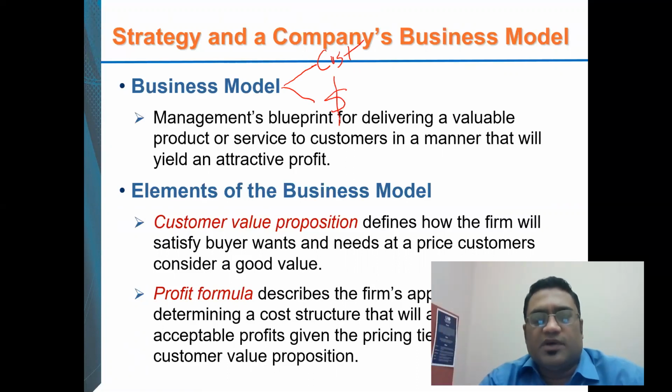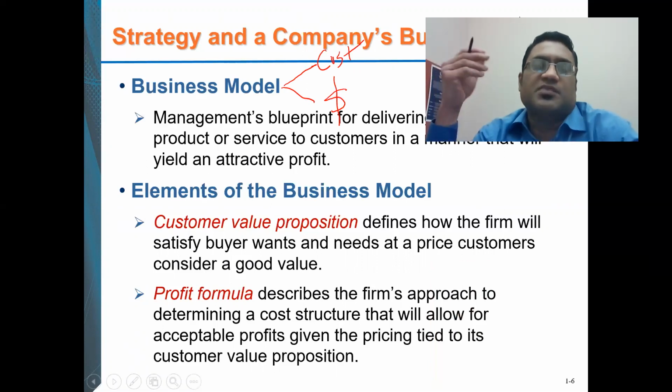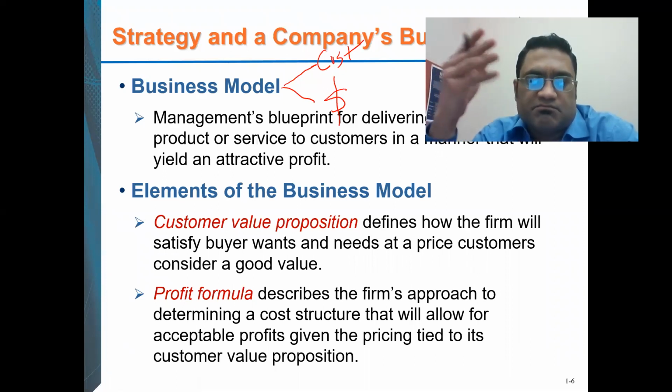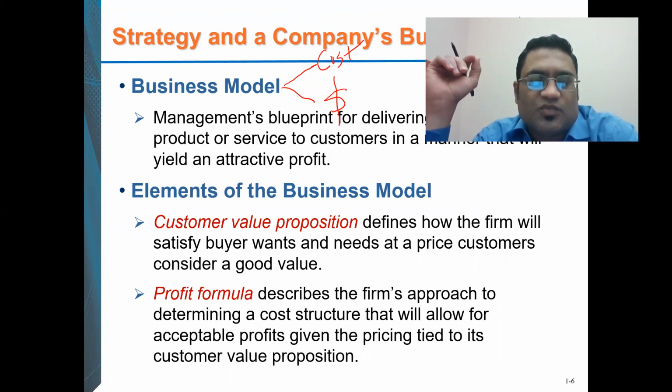What we mean by that is, are you satisfying customers? A good business is one that actually has a product that people want, something that you really, really want. That's what we mean by customers. And the second component is, as you're providing that, you're making money. If one of these is absent, the company's business model will fail.